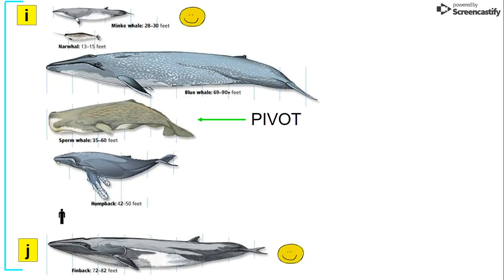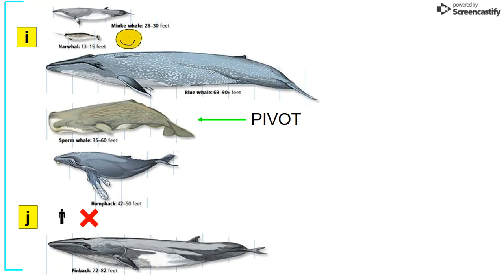In this case, the finback is larger than the sperm whale, so we decrement J. So now I points to the narwhal and J points to the human. The narwhal is smaller than the sperm whale, so we increment I, but the human is not larger than the sperm whale, so we do not decrement J.